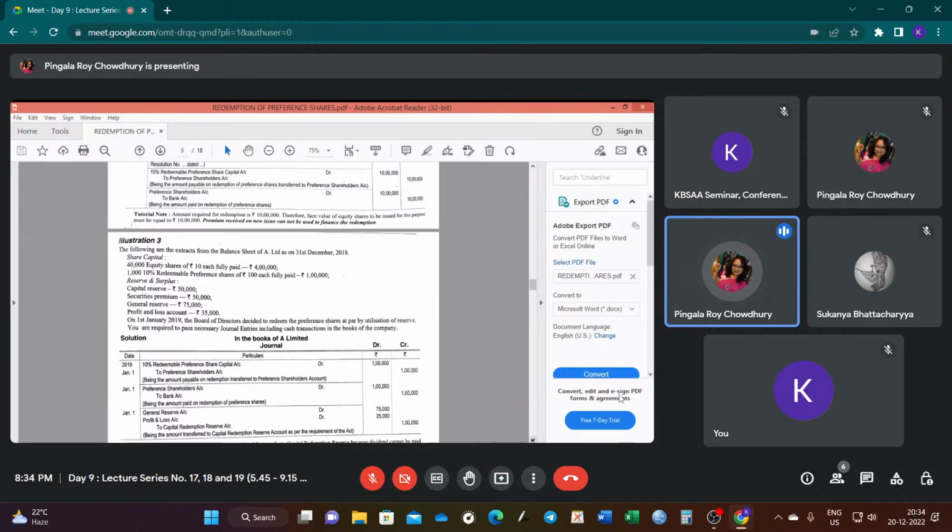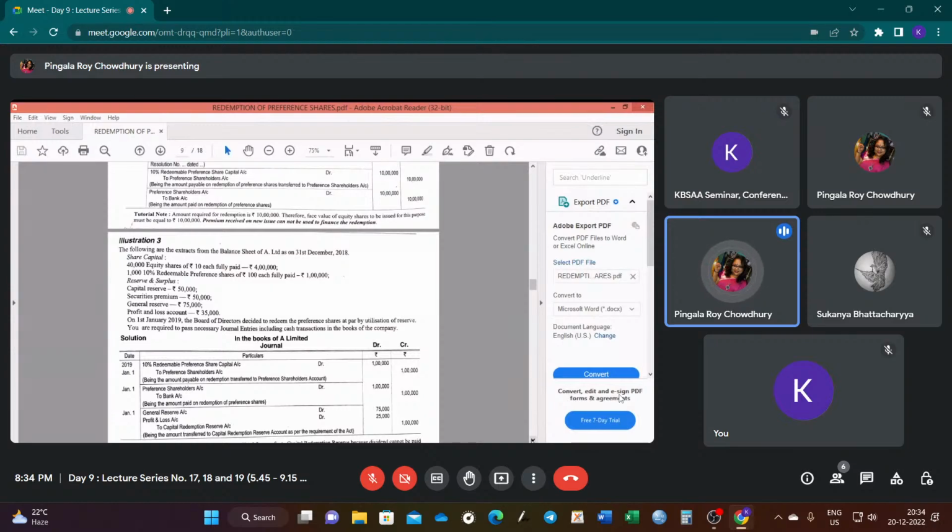Now what you need to do is you have to set aside this 1 lakh in a new reserve, which is known as CRR. So that 1 lakh has to be segregated out of your divisible profits. And in this sum, the divisible profits given are general reserve and profit and loss account. As I said, we will first start with general reserve. So general reserve, we have 75,000.